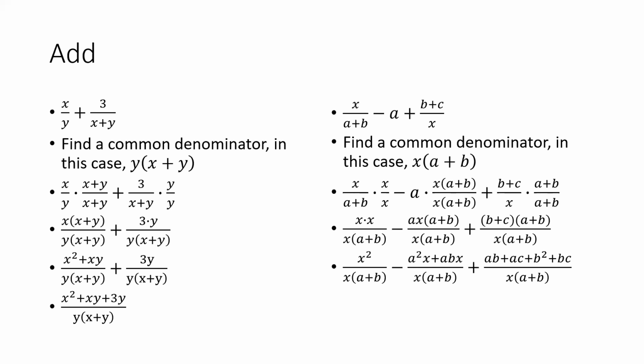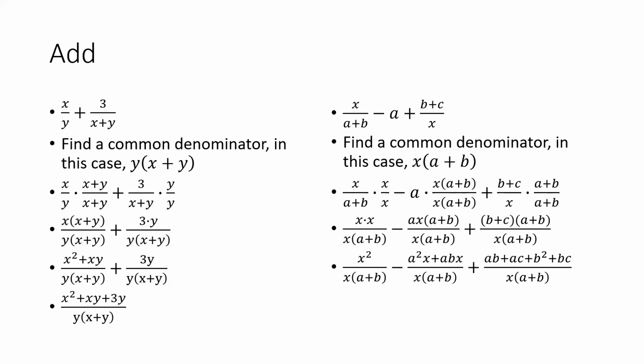Okay? And the last one is our fun friend that we learned in December, FOIL. So we have two different binomials that we're multiplying together. So first, FOIL. F is b times a, which gives you ab. And then inner, which is a times c, which gives you ac.